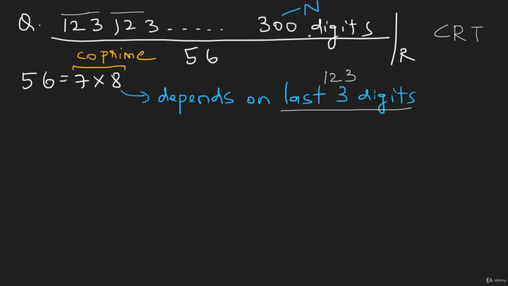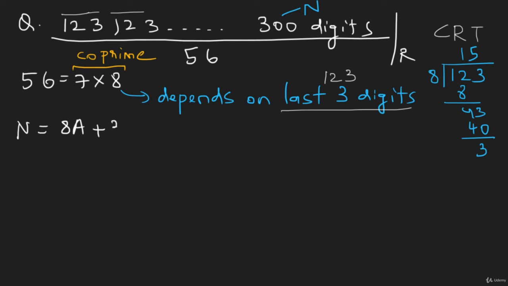So there will be 100 groups of 1, 2, 3 and the last group also will be 1, 2, 3, right? Therefore, if I want to find the remainder when you divide by 8, you just need to divide 123 by 8. So 123 divided by 8 gives you a remainder of 3. Therefore, I can write n as 8a plus 3.